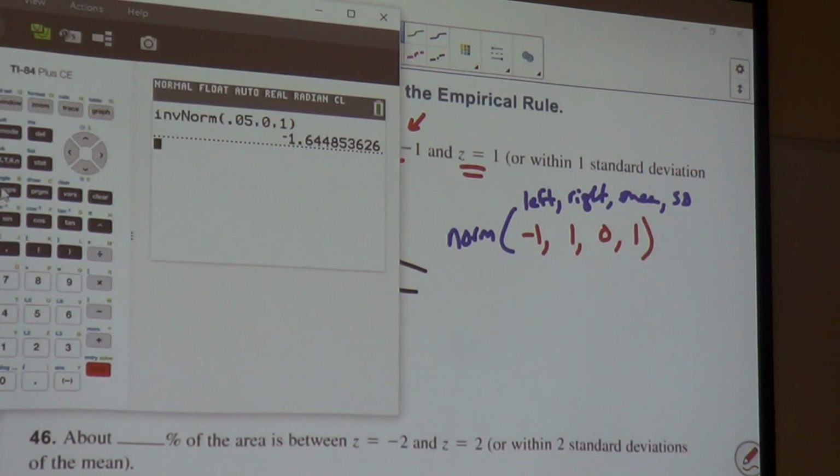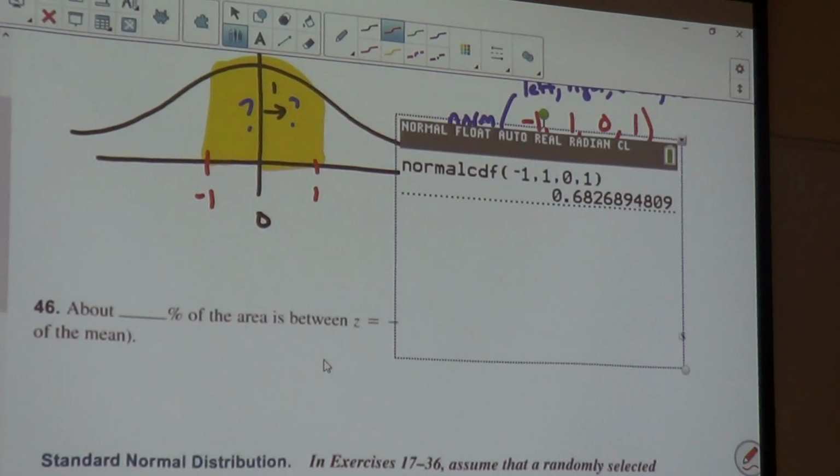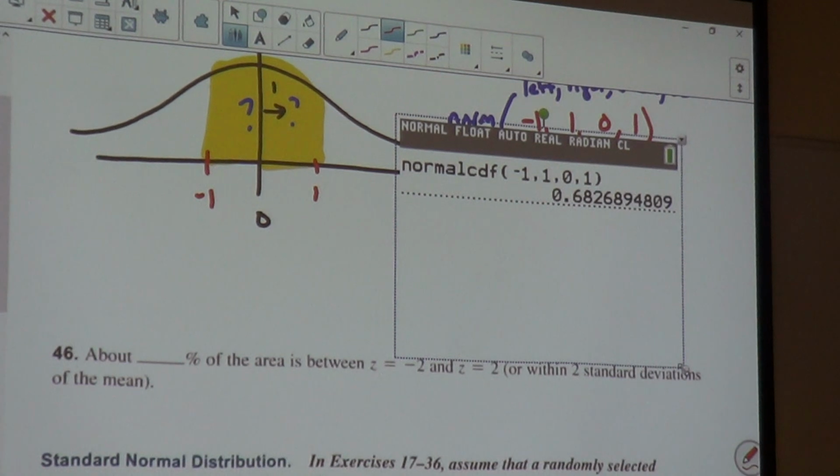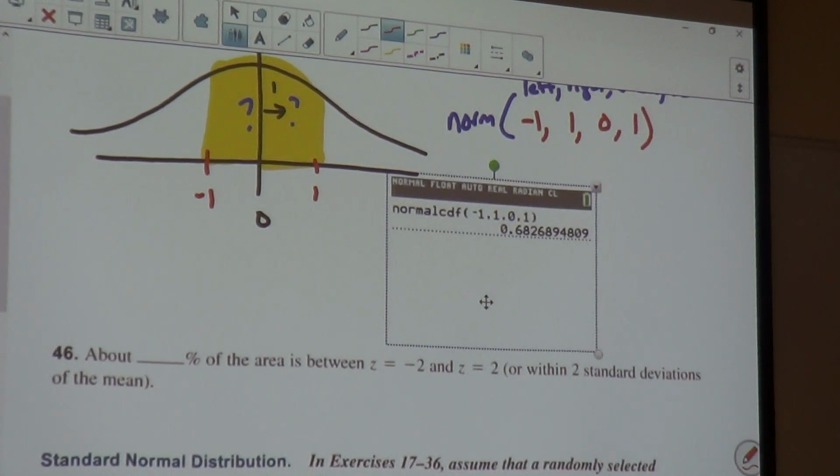So my left is going to be -1. Comma, my right is going to be 1. My mean is going to be 0, and my standard deviation is going to be 1. Do y'all remember the 68, 95, 99.7 rule? It's 68.